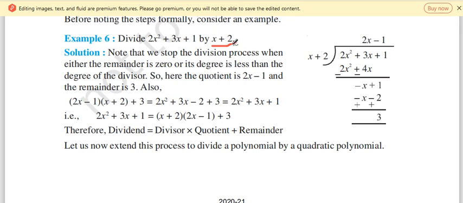Similarly, the divisor also. In this case, dividend, divisor, quotient, remainder. Dividend equals divisor into quotient plus remainder by the division algorithm, and we apply this by the division method. This is true at all times.